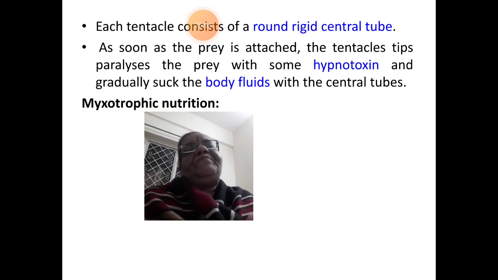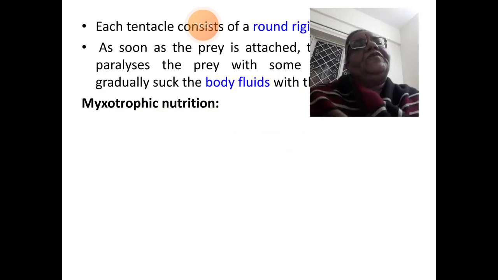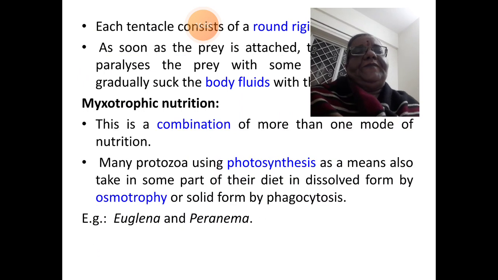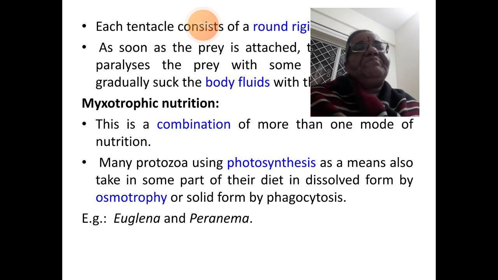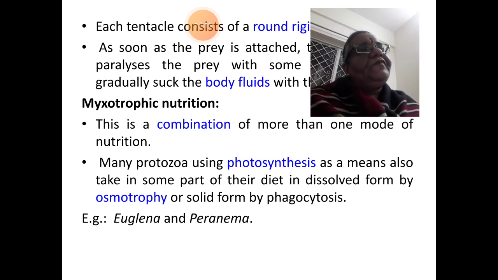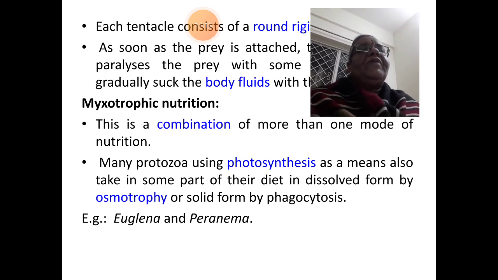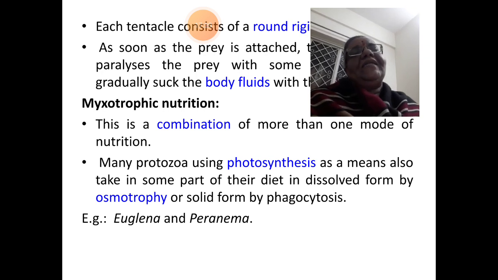The next type is mixotrophic nutrition. Let's see what it is. When I was talking to you about the general characters of protozoans, I told you these different types of nutrition patterns in a single point. Now, the same thing I am elaborating. Mixotrophic nutrition is a combination of more than one mode of nutrition.